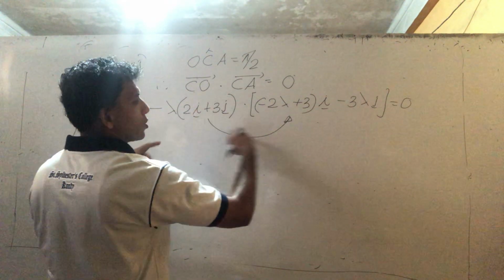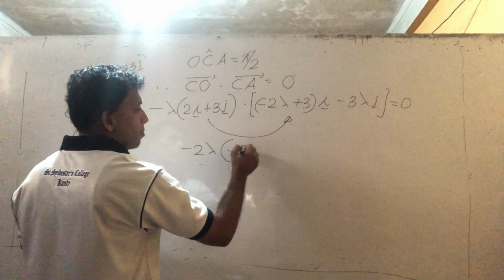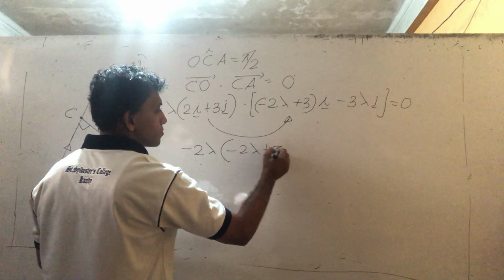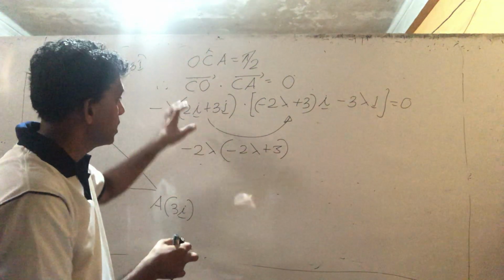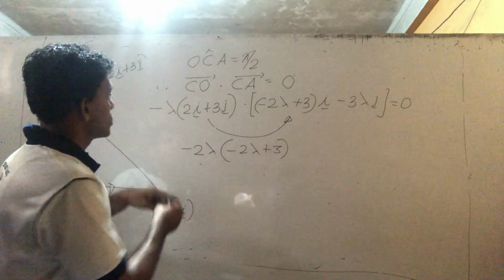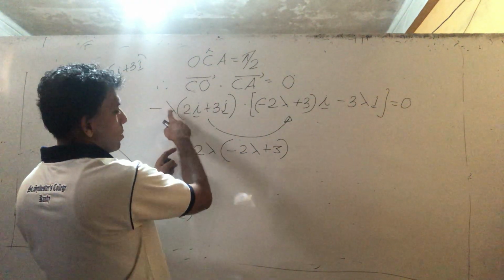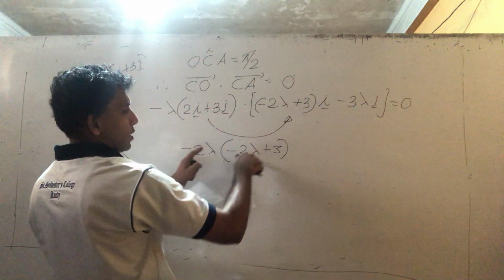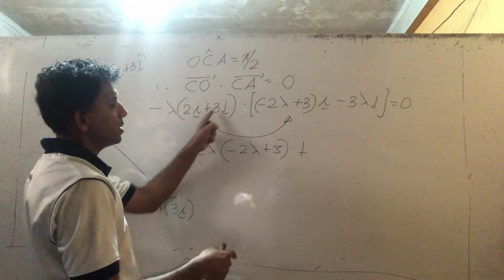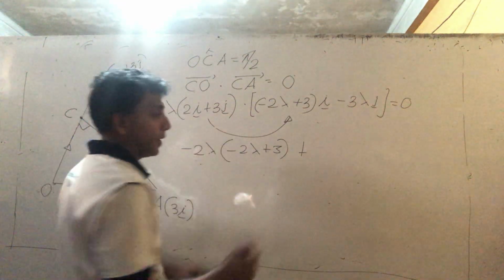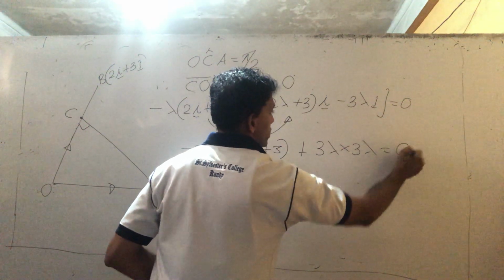The i component gives minus 2 lambda into (minus 2 lambda plus 3), since i dot i is 1. Then the j component gives minus 3 lambda into minus 3 lambda, equal to 0, since j dot j is 1.